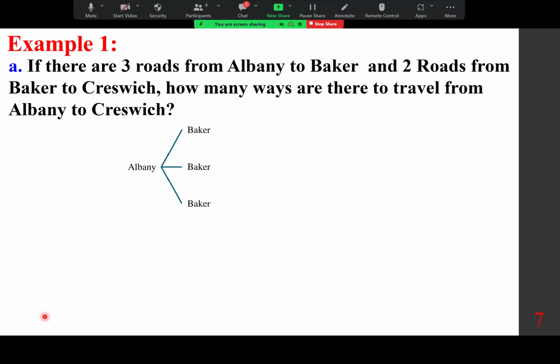What you're looking at is called a tree diagram. It has a lot of applications in stats and probability. So from Albany to Baker, we have 1, 2, 3 different ways, 3 different roads.